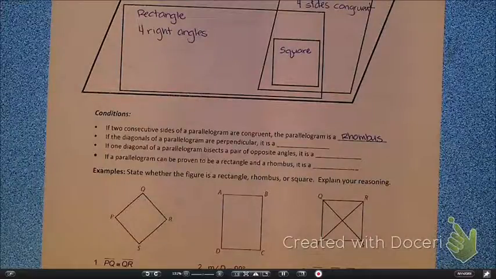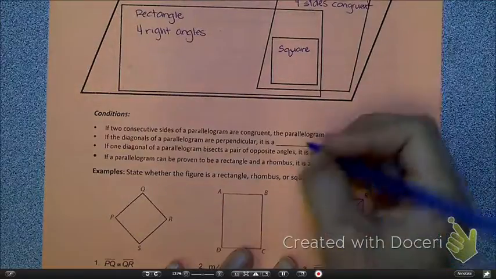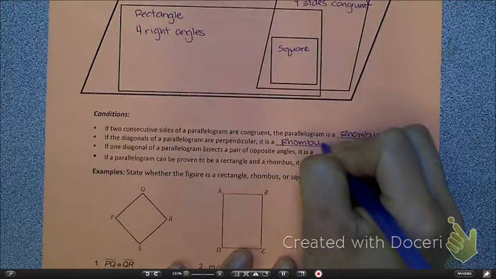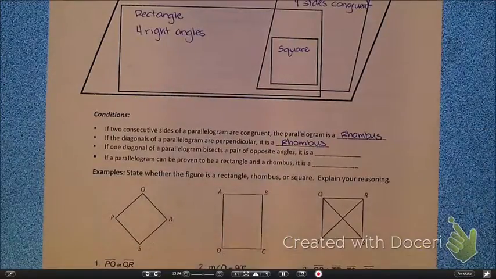All right, next, if the diagonals of a parallelogram are perpendicular, it is a blank. Okay, well, what happens if the diagonals are perpendicular? If you flip back to the front side of this page, you'll see that we drew a picture of that, okay? And so that's also going to be called a rhombus if your parallelogram has perpendicular bisectors.